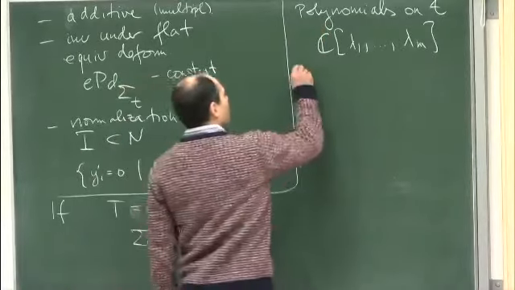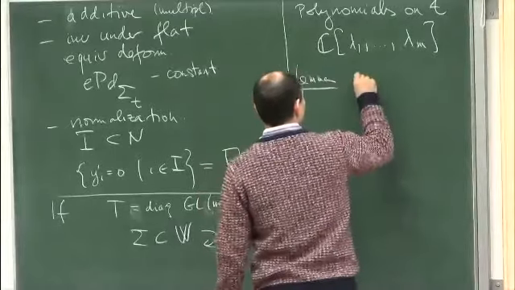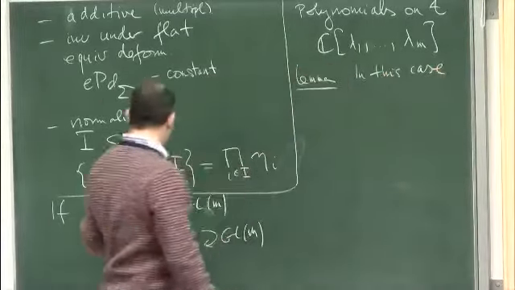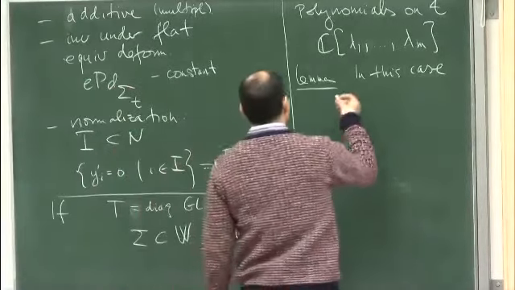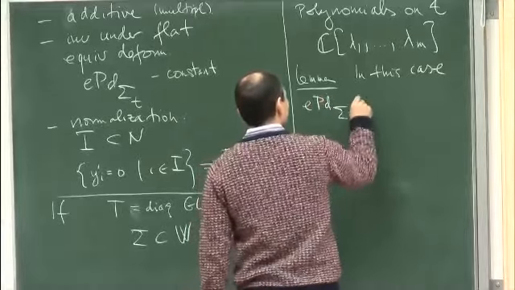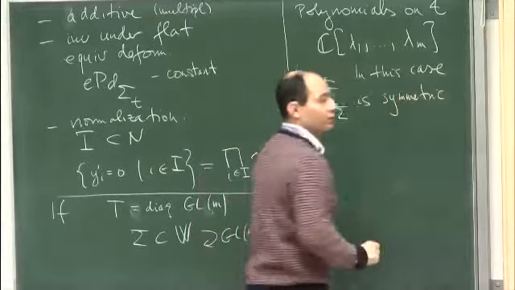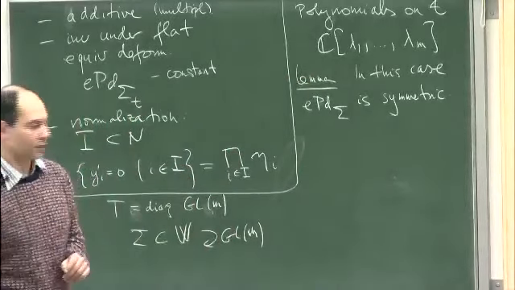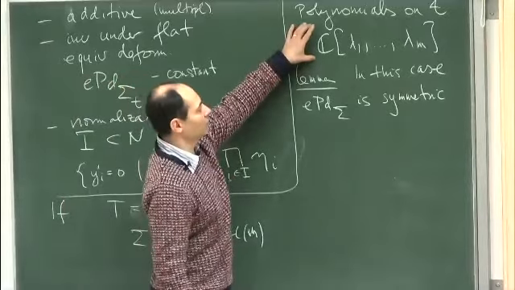And the little lemma is that in this case, meaning if the action extends to a GL_M action, then the polynomial, the multi-degree, is symmetric. So it's a symmetric polynomial. Okay, well, that's not very surprising. The Weyl group starts playing a role here and permutes the weights, and so you get a symmetric polynomial.